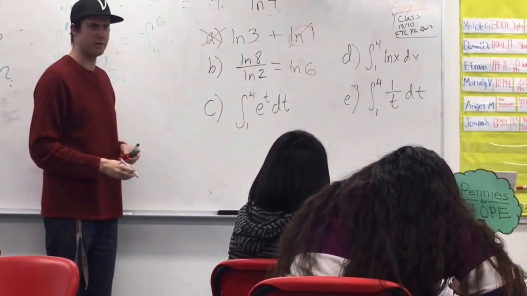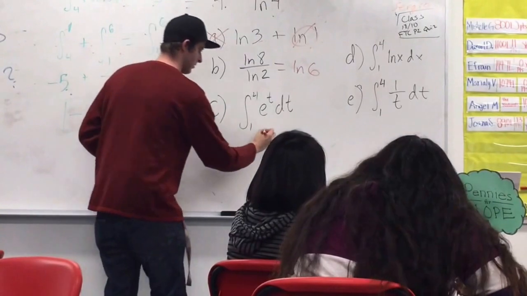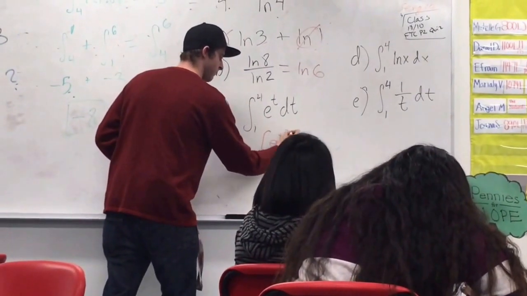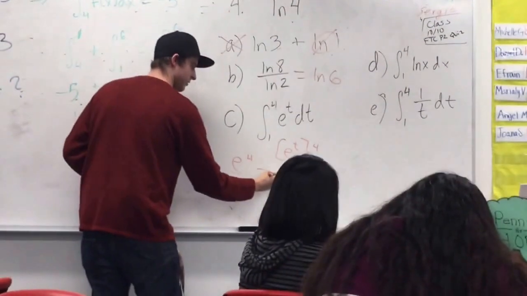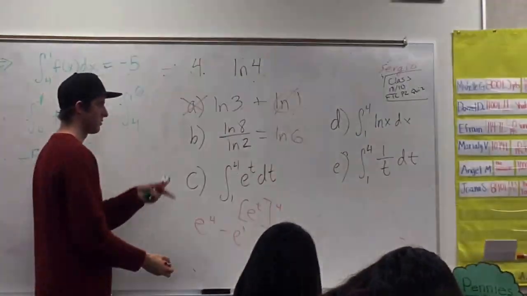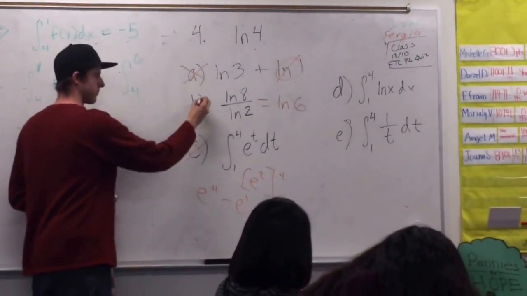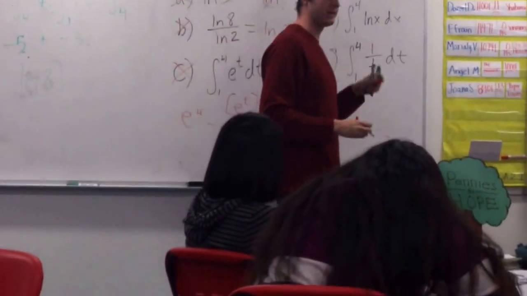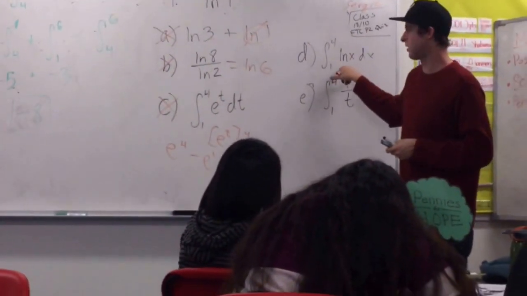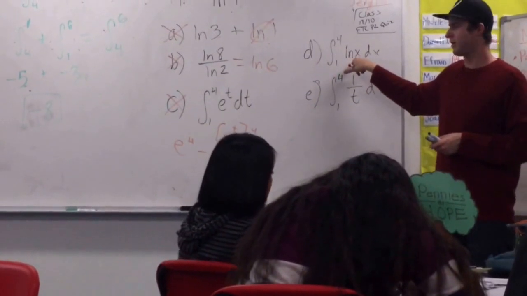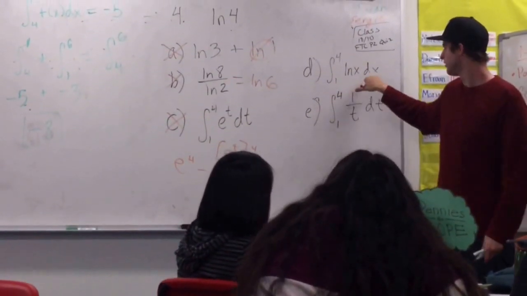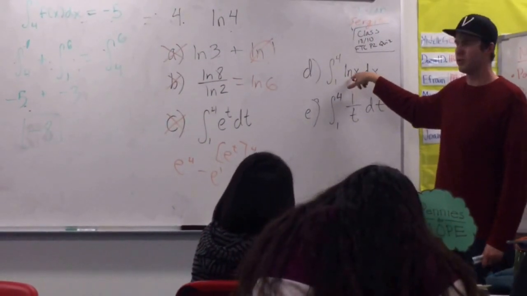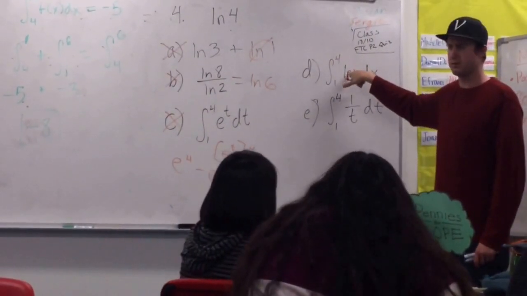What's the integral of e to the t? So this is e to the t from 1 to 4, which is e to the 4th minus e to the 1, not ln of 4. And then the integral of ln of x we haven't talked about, but it's not ln of x anymore. It would be something different than ln of x.